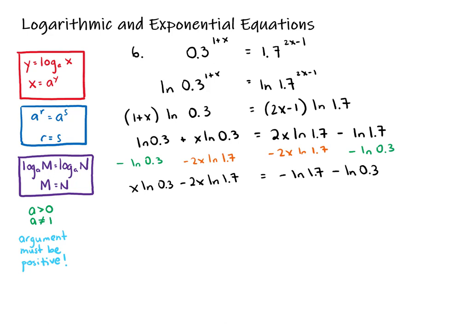After I have all my x terms over on one side, I'm going to factor the x out. So I get x times ln of 0.3 minus 2 times ln of 1.7, and the right hand side doesn't change.